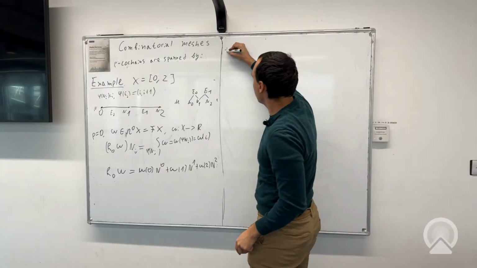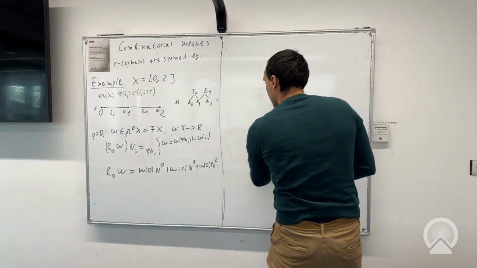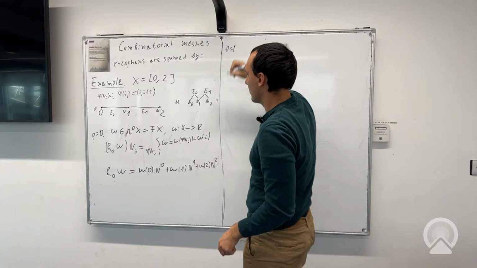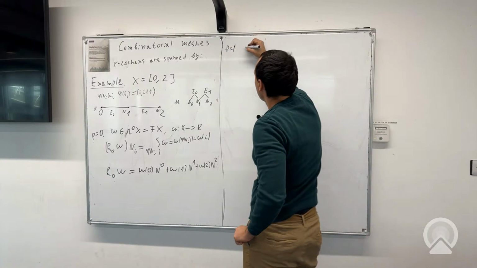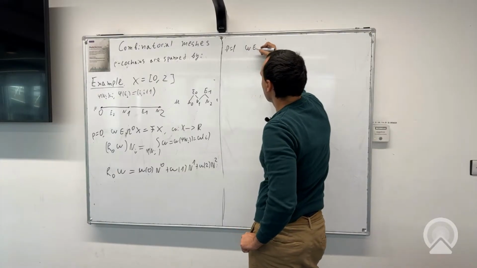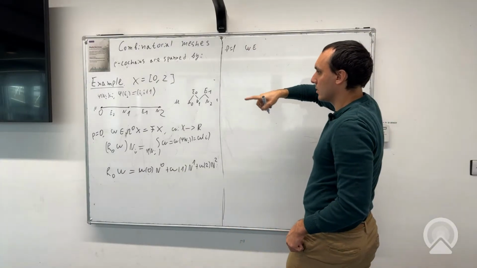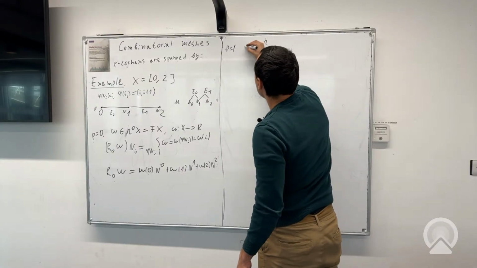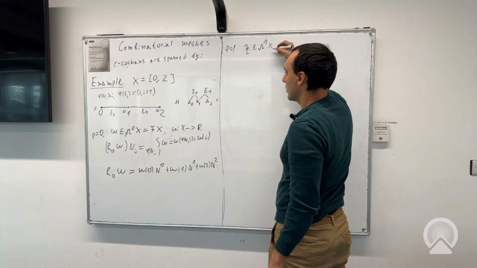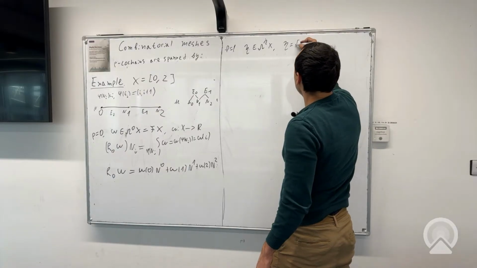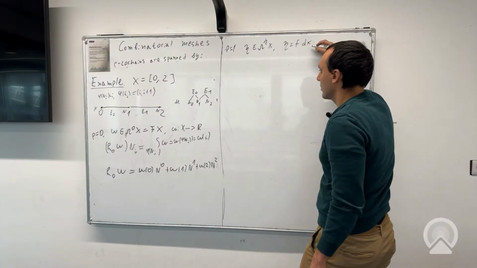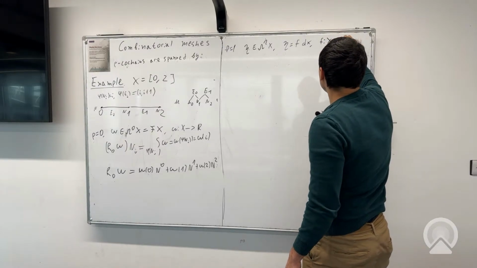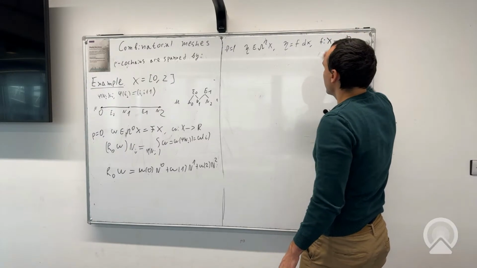And that's a bit more interesting for 1 equals 1. Here omega is, let's call it eta. So eta is f times dx, and f is a function from x to R, a small function.